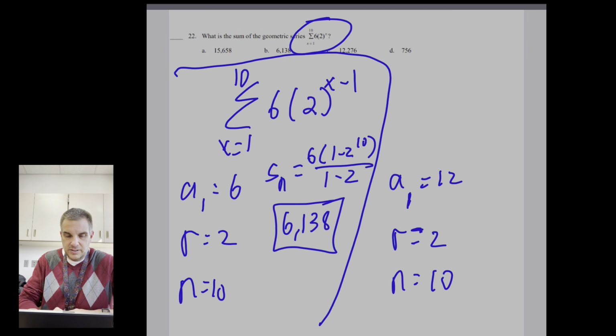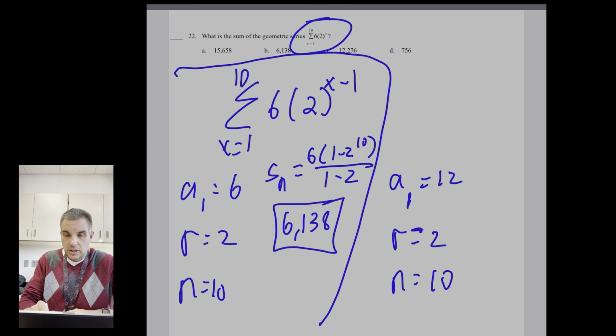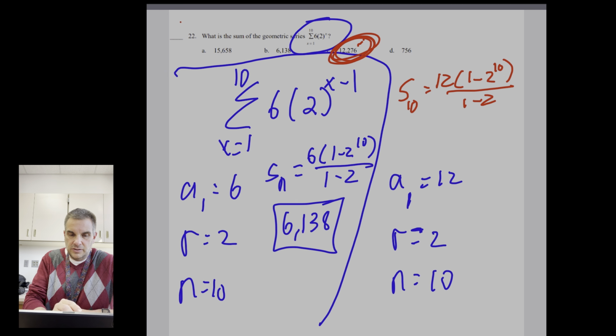So our lead term is going to be 12. So S of 10 would be 12 times 1 minus 2 to the 10th divided by 1 minus 2, which is actually that answer right there. So when you see C in the back, that's why that one is C, because of how that is written.